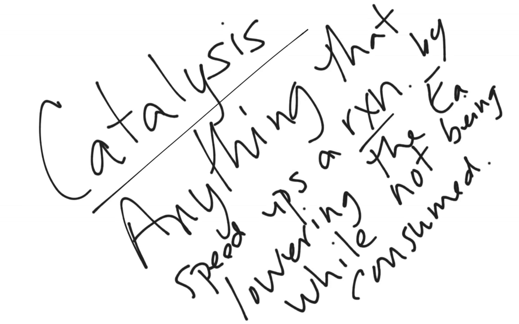So if I put something into a reaction and it itself is not part of the reaction, but it does speed the reaction up, it is a catalyst. So, yeah, clear as mud, right?